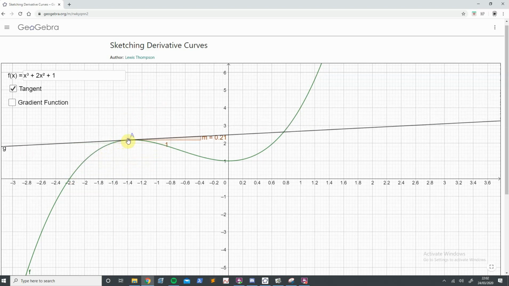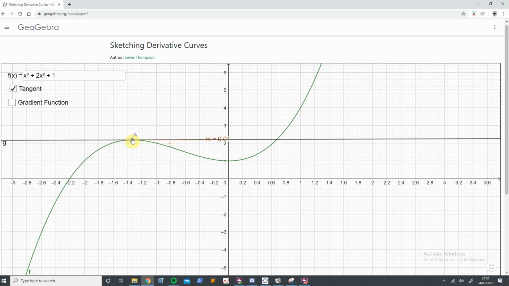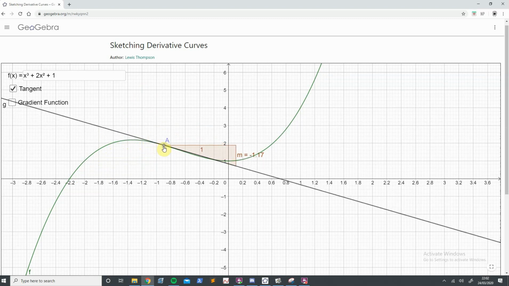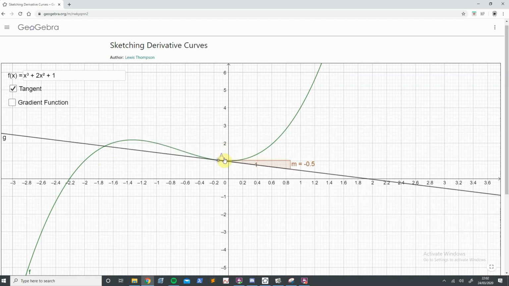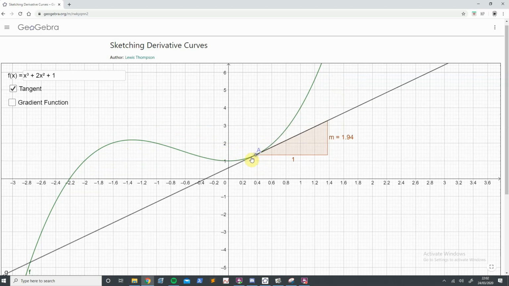The gradient here is tending towards 0. It will become 0 if I can get it accurate enough. Close enough there, so it's 0 there, so a stationary point would be a maximum point, and then we would have a negative gradient and we would reach another stationary point here. So the gradient would be 0 there, and then we would become positive.